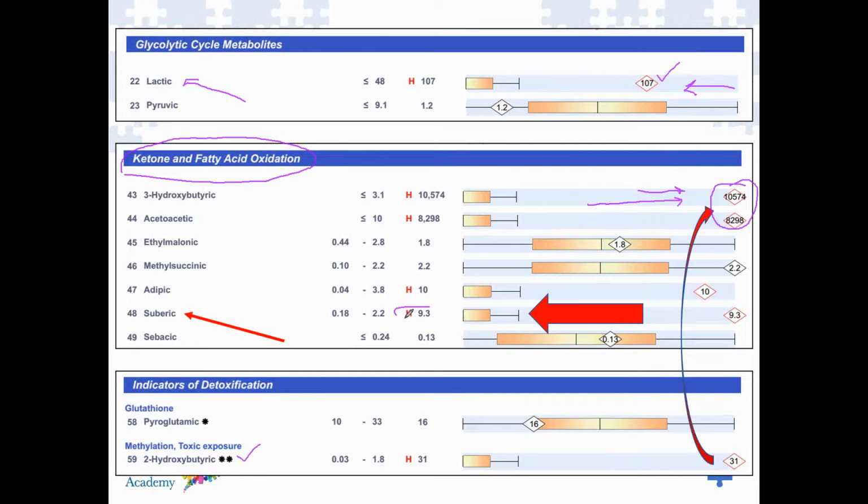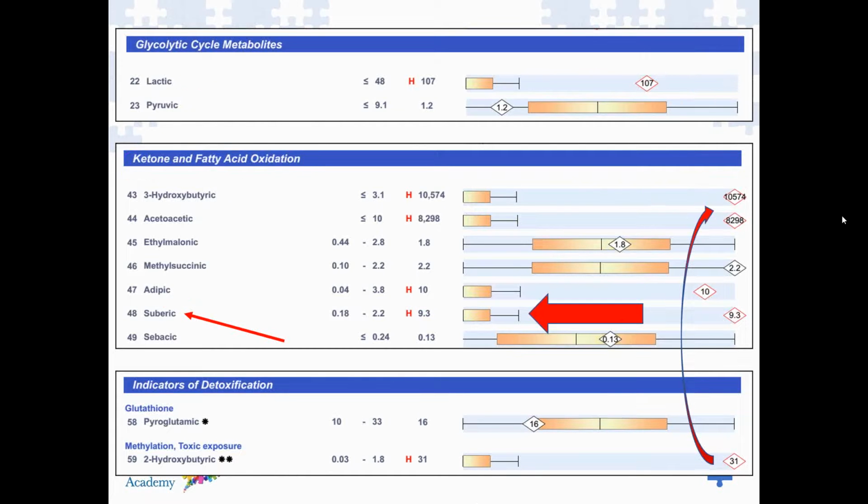Sometimes you'll actually see suberic be elevated too in people who have poor metabolism. And so even the suberic kind of follows suit into this whole process because their body is basically breaking down fat as a secondary fuel source to help maintain normal function within the brain and nervous system because of insulin resistance and poor blood sugar control.